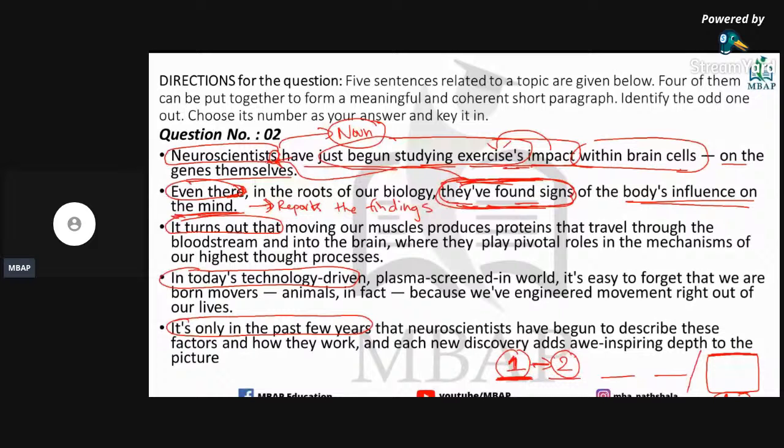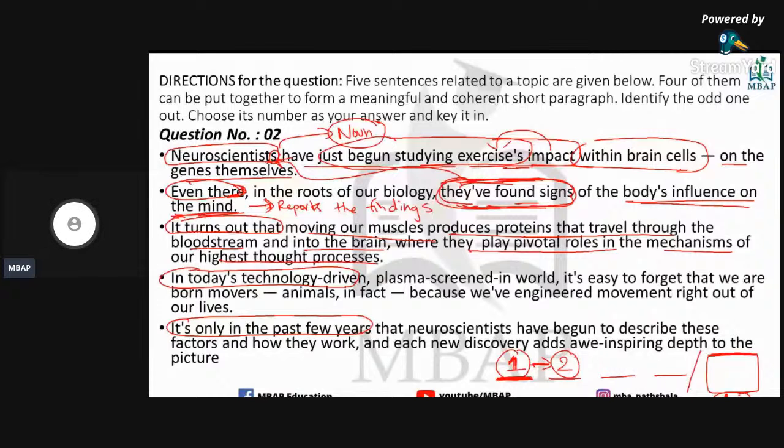Okay, third sentence. It turns out that moving our muscles produces proteins that travel through the bloodstream and into the brain, where they play pivotal roles in the mechanisms of our highest thought processes.